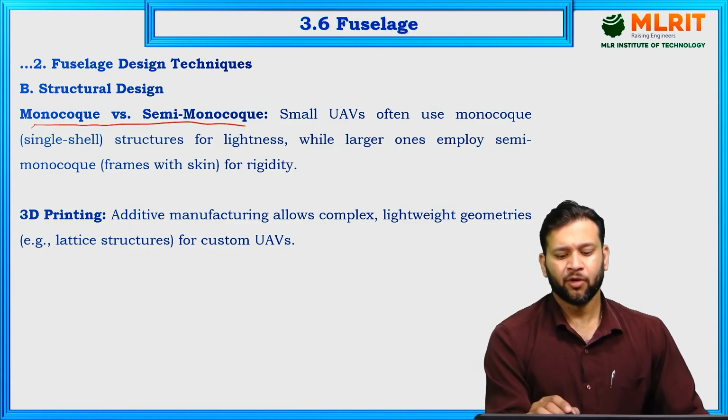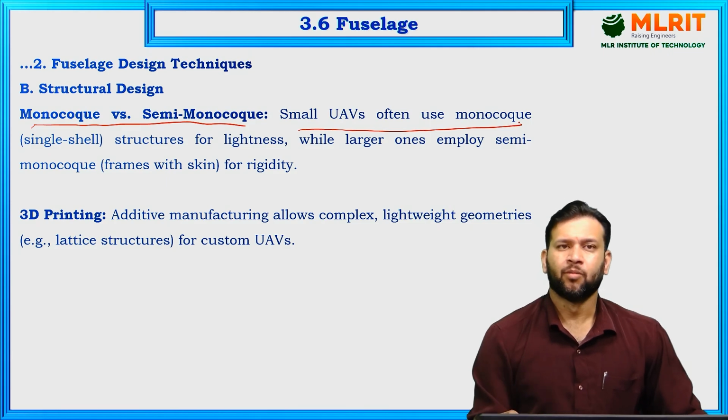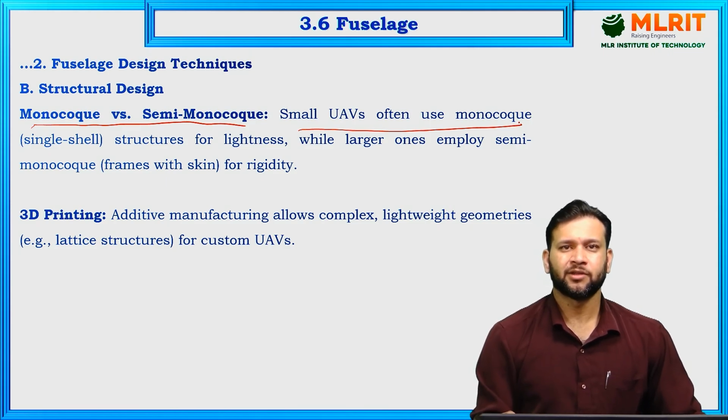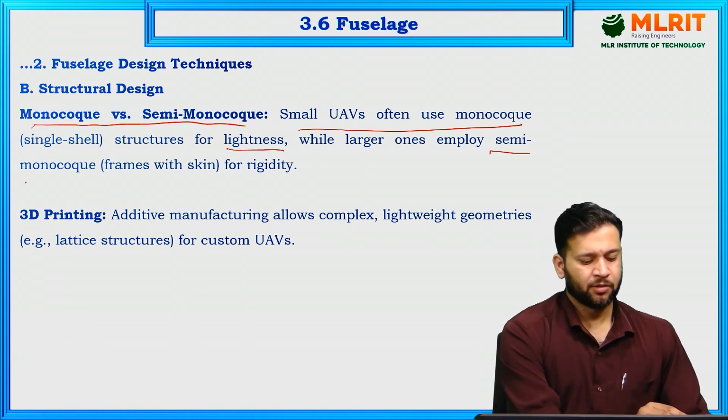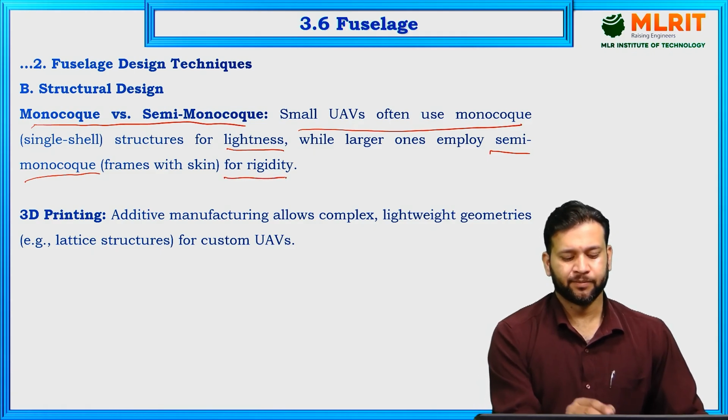Depending upon the unmanned air vehicle mission, we choose whether monocoque or semi-monocoque. Some small unmanned air vehicles often use monocoque, that is single shell structures, for lightweight, while larger ones employ semi-monocoque because it includes frames, and on the frames we have skin for rigidity.